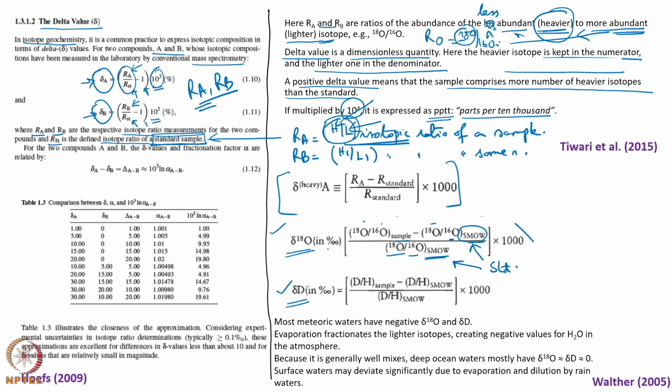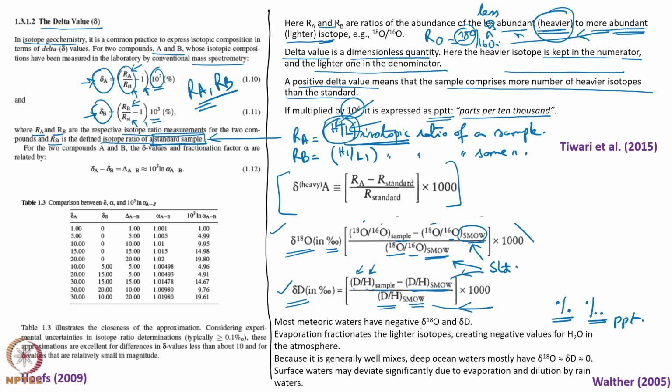Delta D, this is the symbol of parts per 1000, this is percentage, and if I multiply with 1000, this is the ppt symbol, parts per 1000. So back here delta D is D by H, the heavy isotope of hydrogen and the lighter isotope of hydrogen in the sample, minus that in the SMOW. SMOW means standard, I am going to tell, and divided by D by H found in the SMOW.